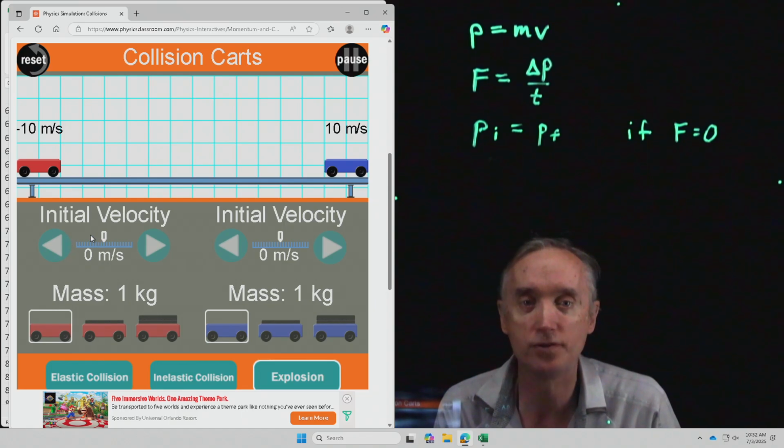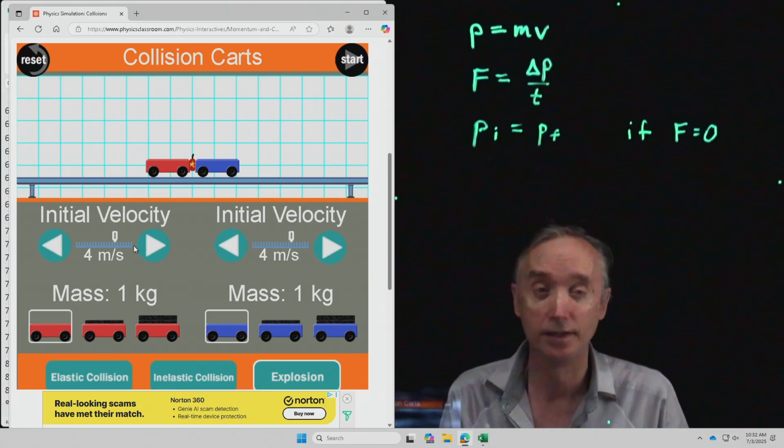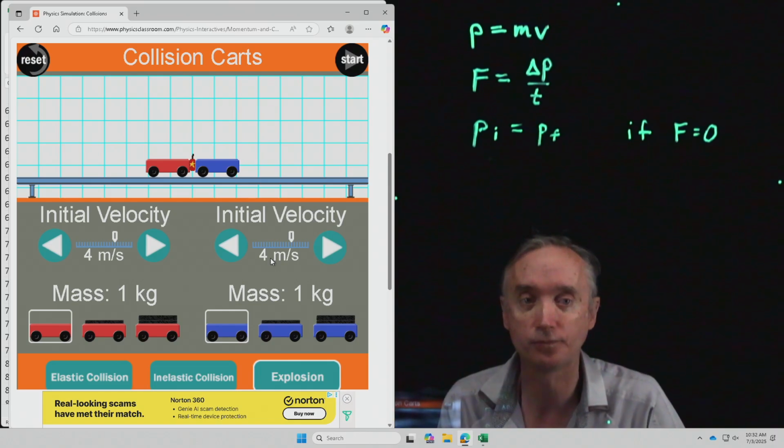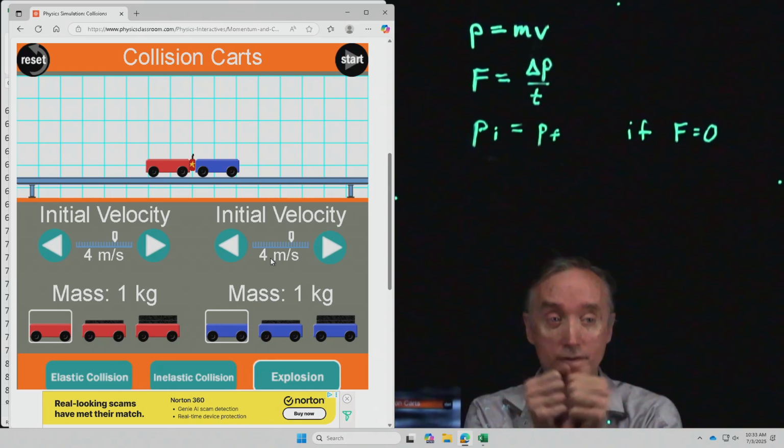Now we can change the initial velocity, so we need to reset it. Okay, and we can change the initial velocity of the system by moving these things here. Did you notice that when this one changed, this one over here changed? That's because they're hooked together initially.